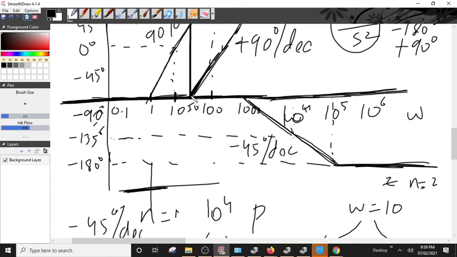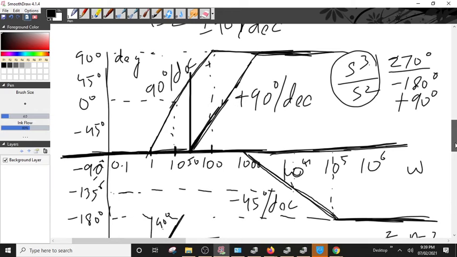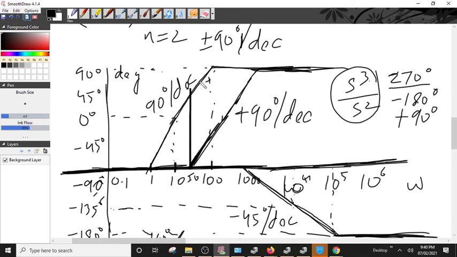So till 50 we will go plus 90 degree per decade, but after this 50 value we have two slopes, not one, we have now two slopes of 90 and 90. So it becomes 180 degree per decade until the first slope dies down, and this first slope dies down at 100.